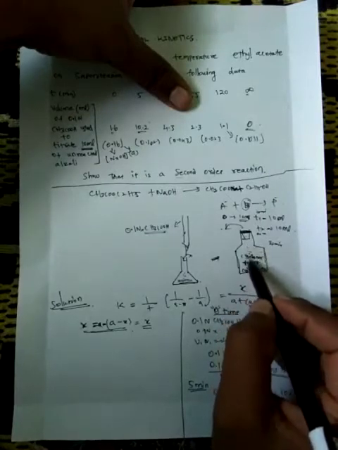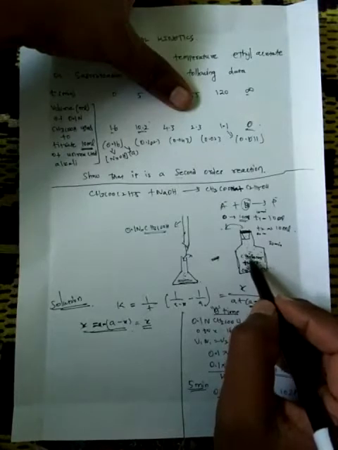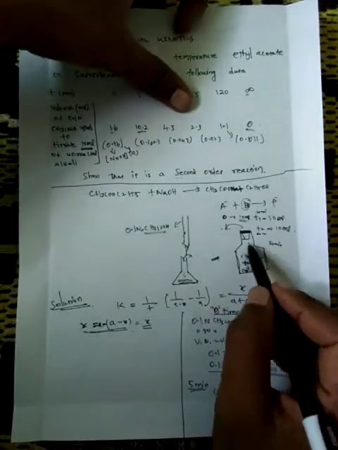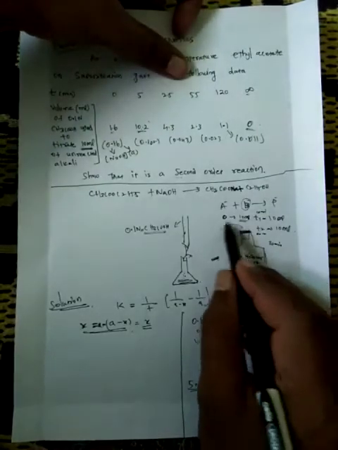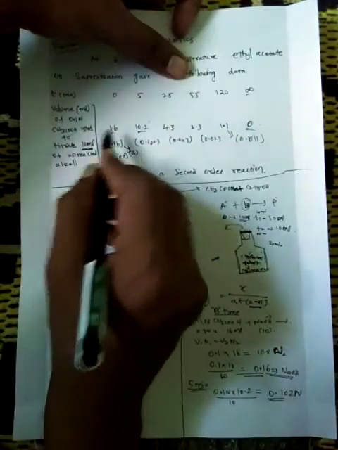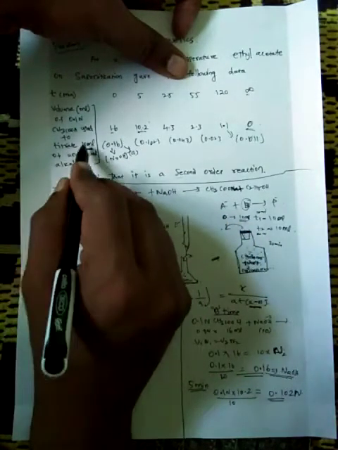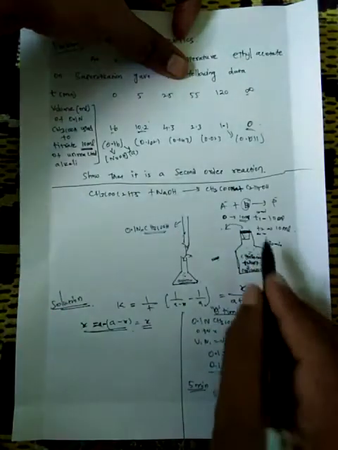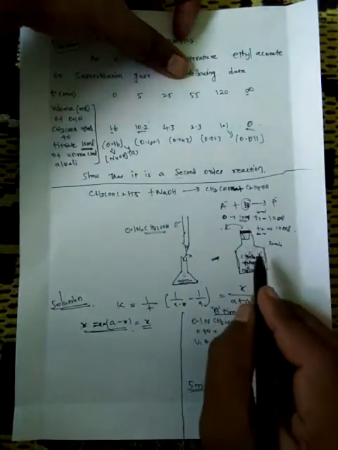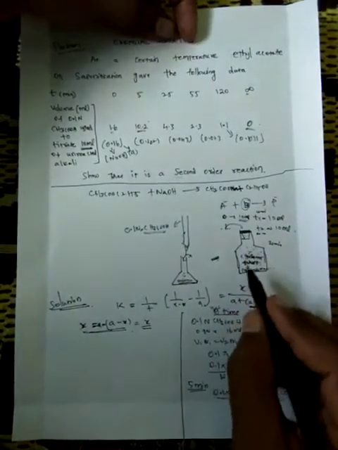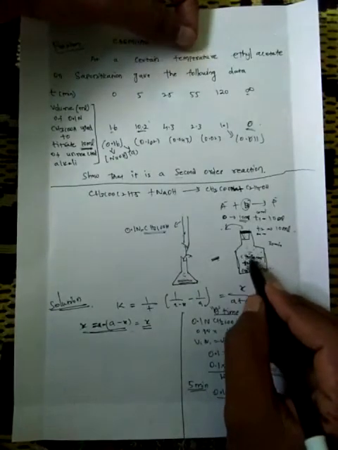When I mix, I should not allow the reaction to proceed instantly. I should withdraw 10 ml of the reaction mixture, because this data is taken by withdrawing 10 ml, that is, 10 ml of unreacted alkali. You have to think twice, right?